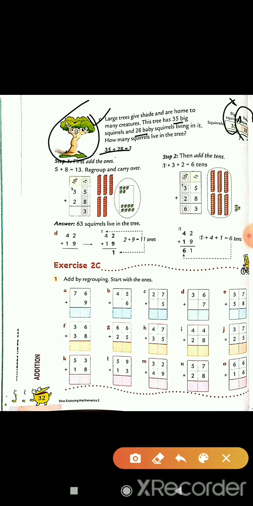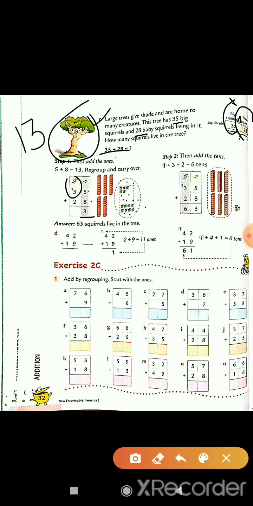At the place of ones, 5 and 8 are there. So add them, count 5 and 8 together. 1, 2, 3, 4, 5, 6, 7, 8, 9, 10, 11, 12, 13. We got 13 ones. 13 can be regrouped as 1 ten and 3 ones. So, at the place of ones, we can write 3 and 1 will be carried to the tens column.